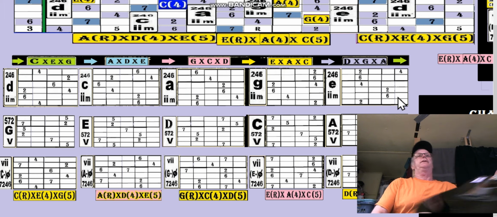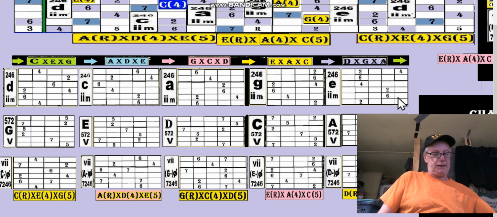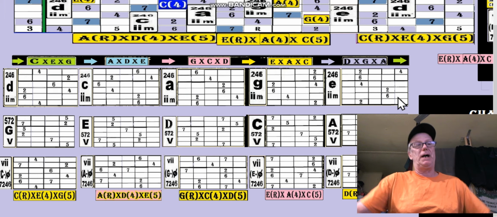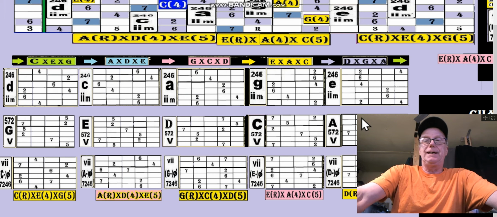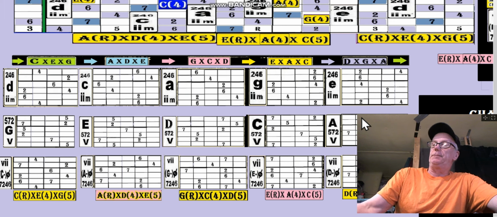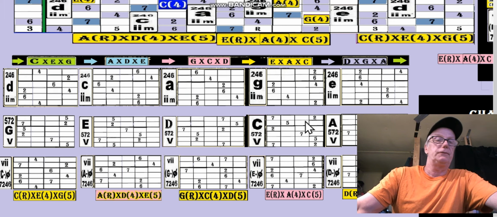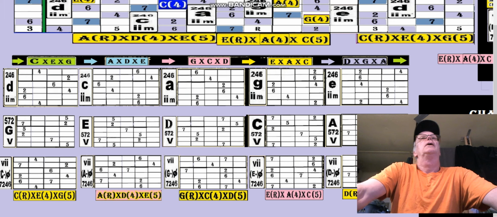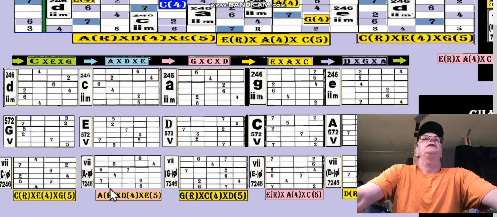So that's what gave me the hint on how I could actually map out the cages for the half diminished. They're very difficult. These are the cages: the C, the A, the G, the E, and the D is in there too.